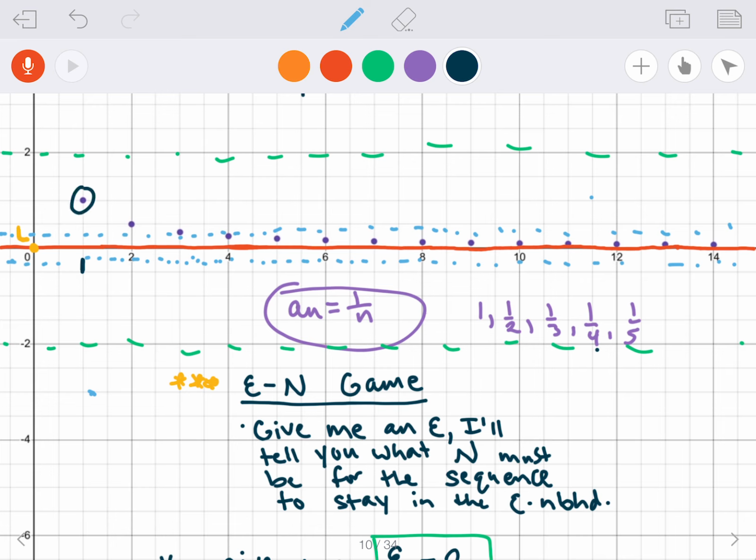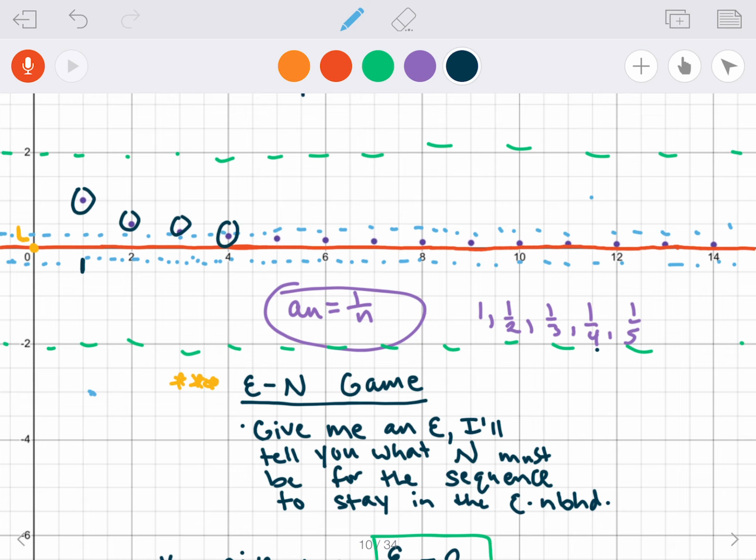Well, it can't be 1 because a member in my sequence with little n bigger than 1 should imply that I stay in the neighborhood. But look, these guys are outside of it, okay? So I need to choose. Look what happens.